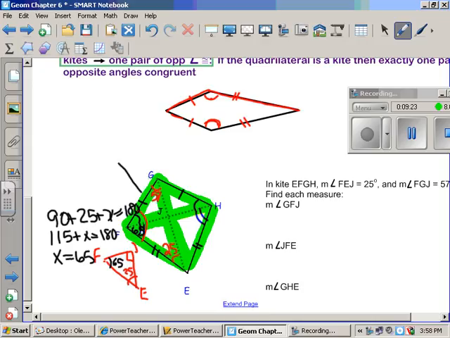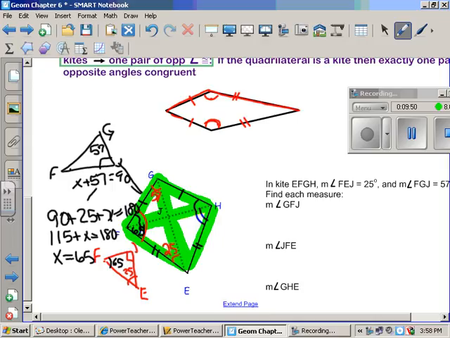Same thing if I pulled this triangle out. So this is JGF. I know that this angle is 57. I know that the two acute angles of a right triangle add to 90. So I can say x plus 57, that's just another way of looking at it, is 90.